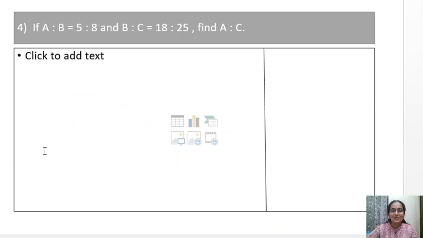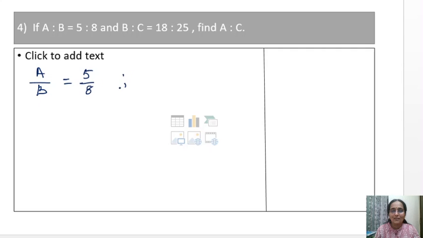Let us go to the next question. It's a very simple question. A is to B equals 5 is to 8. I'll write in terms of fractions first, because we have to get A is to C, that is 5 divided by 8.